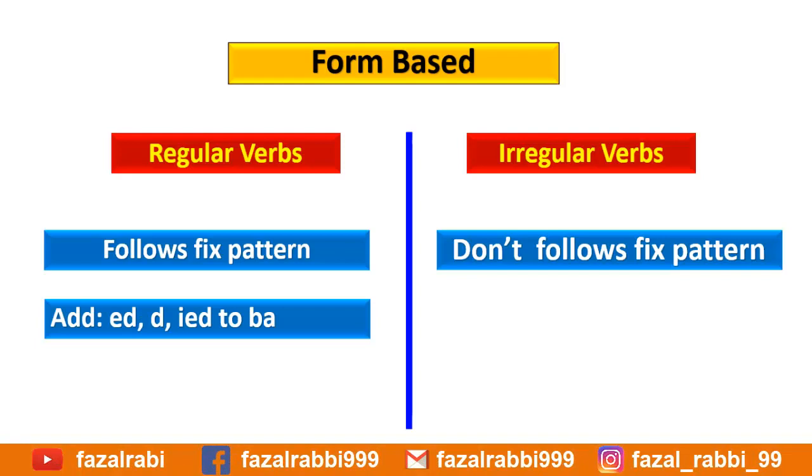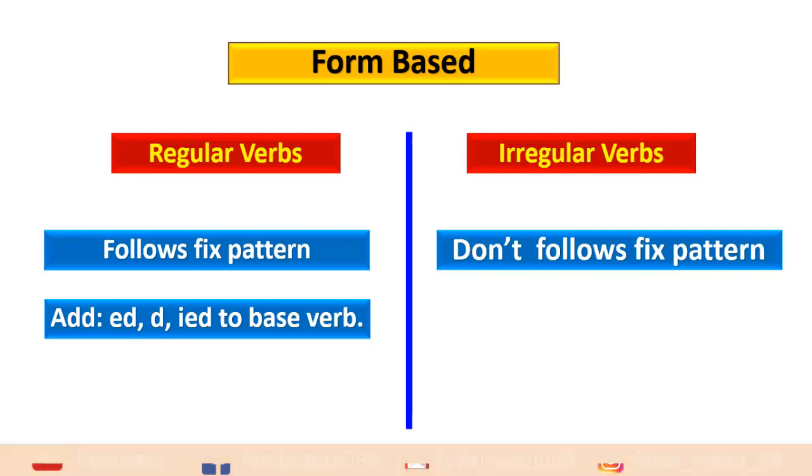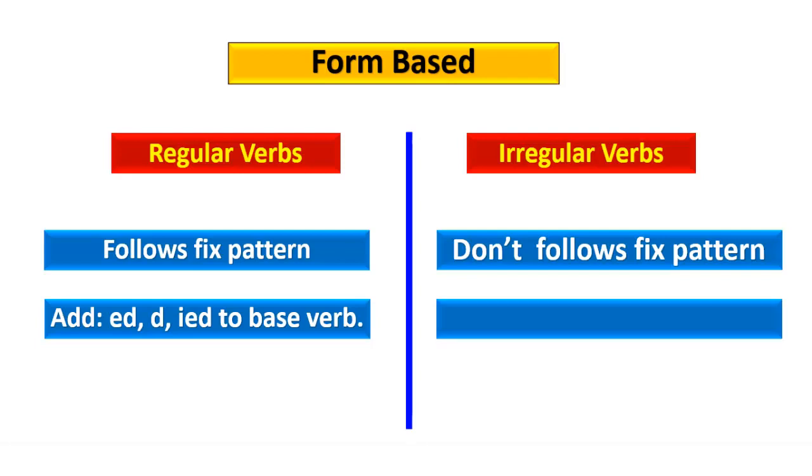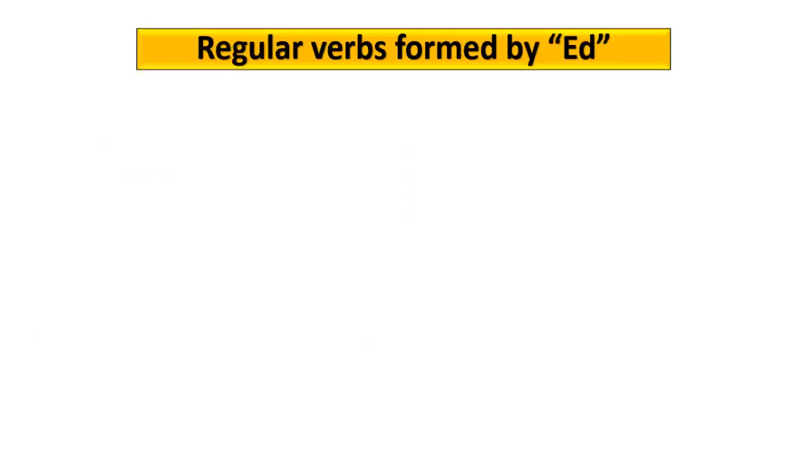In regular verbs, we add d, ed and ied to the base form as the last letters of a verb. And in irregular verbs, we do not add such characters like d, ed and ied to the base verbs. Now, we will elaborate and exemplify the regular verbs.